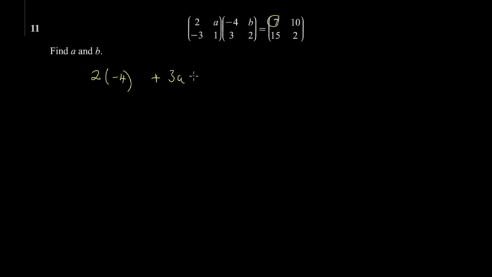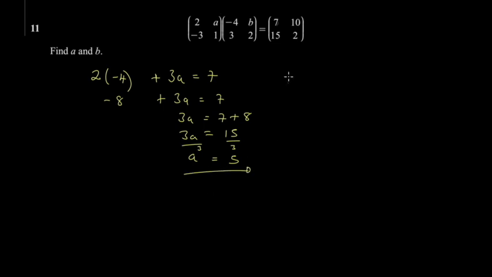Okay, so it's equal to 7. So it looks like we won't be having any simultaneous equations. Okay, so this one is negative 8 plus 3a equal to 7. Then 3a equal to 7 plus 8. Then this is 15. This is 3a. Divide both sides by 3. Then you get 5.